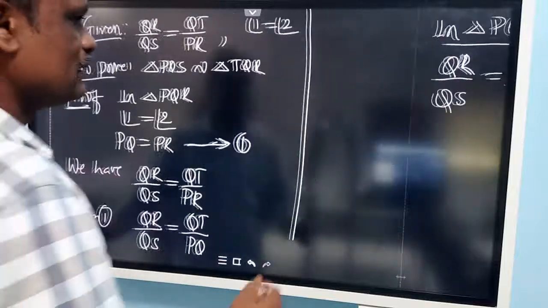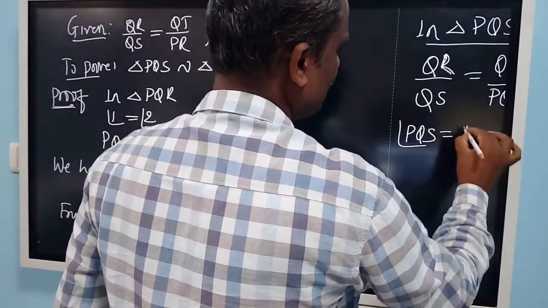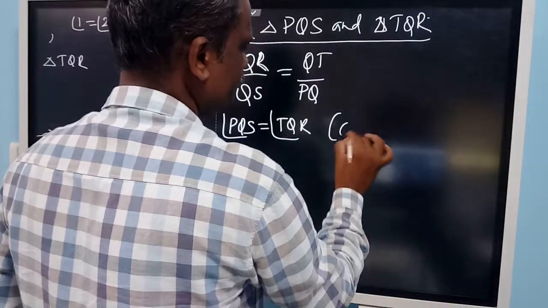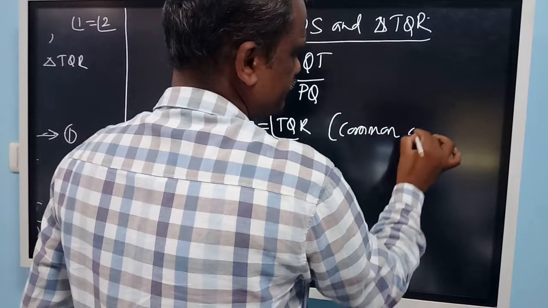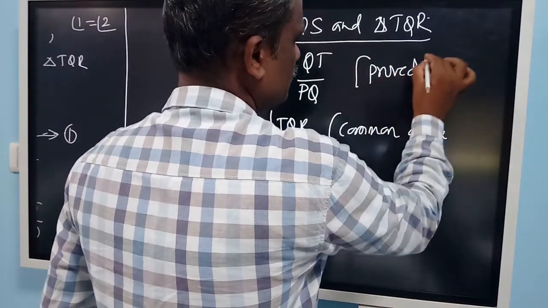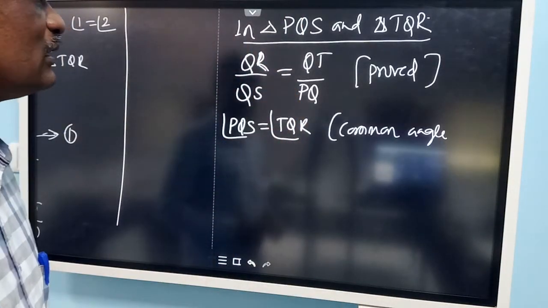Angle PQS is equal to angle TQR. So it's a common angle. So this, we have proved. Now look at this, two sides are proportional and the angle is also equal.